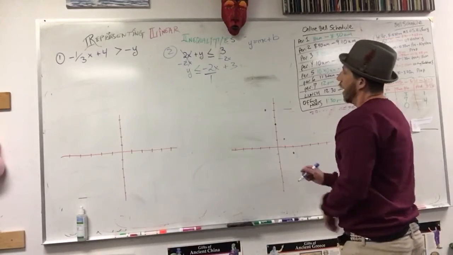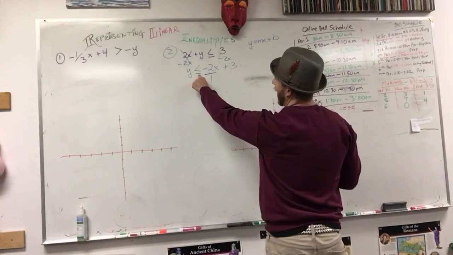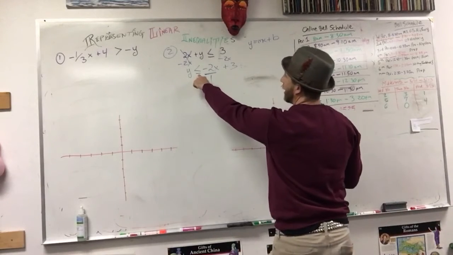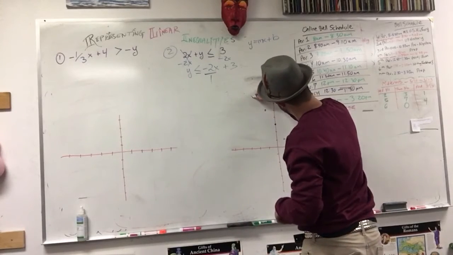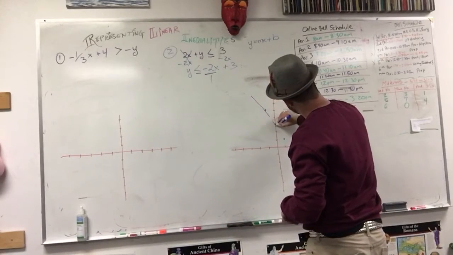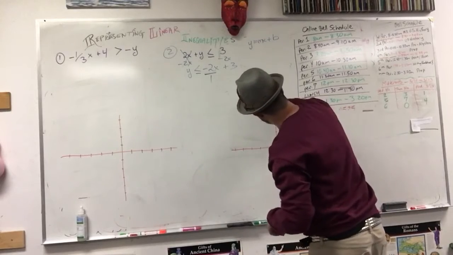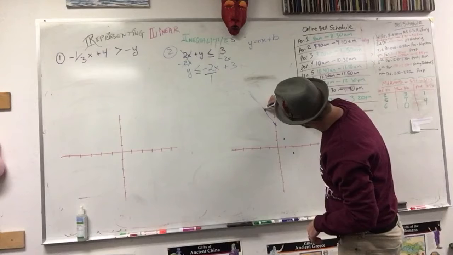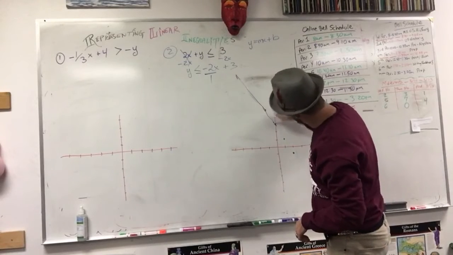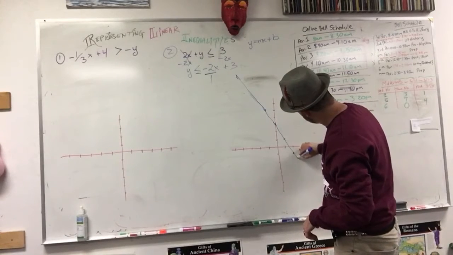Now, I'm going to do a solid line because of that equal sign right there, the less than or equal. So again, that's a horrible line. Come on, Mr. Jones, you're better than that. That's not much better.